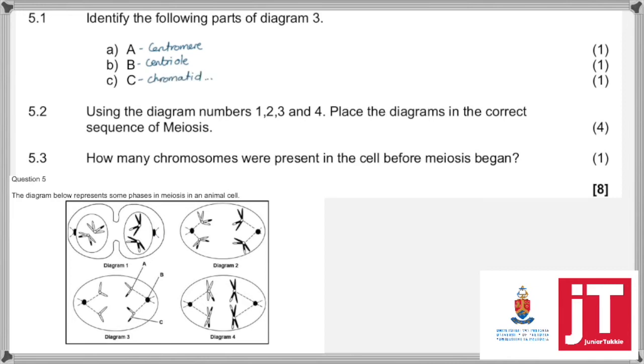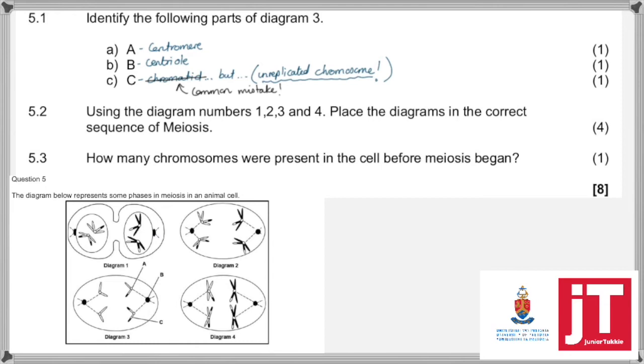Label C identifies the chromatid in this case, or we could refer to it as an unreplicated chromosome, because the chromosome has actually been pulled apart by the spindle fibers. So I don't actually have a centromere that holds together 2 chromatids anymore. I actually have, in diagram 3 now, an unreplicated chromosome that's moving to the pole of the cell.